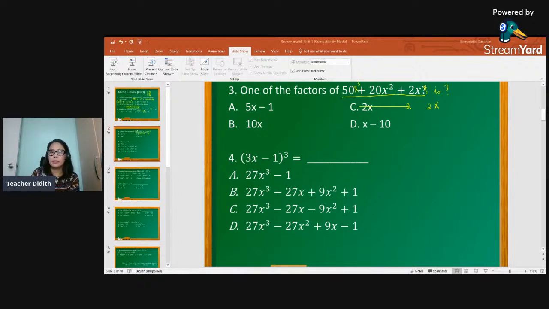As we divide the GCF by the given trinomial here, the result is the other factor.